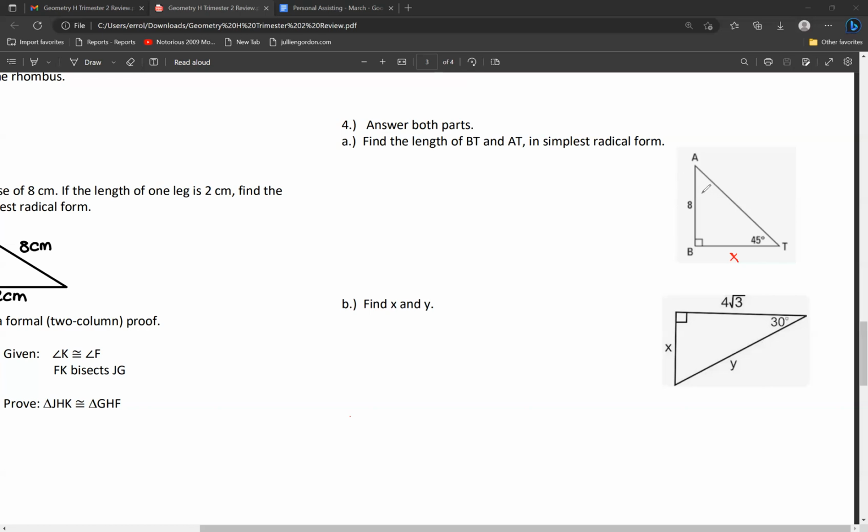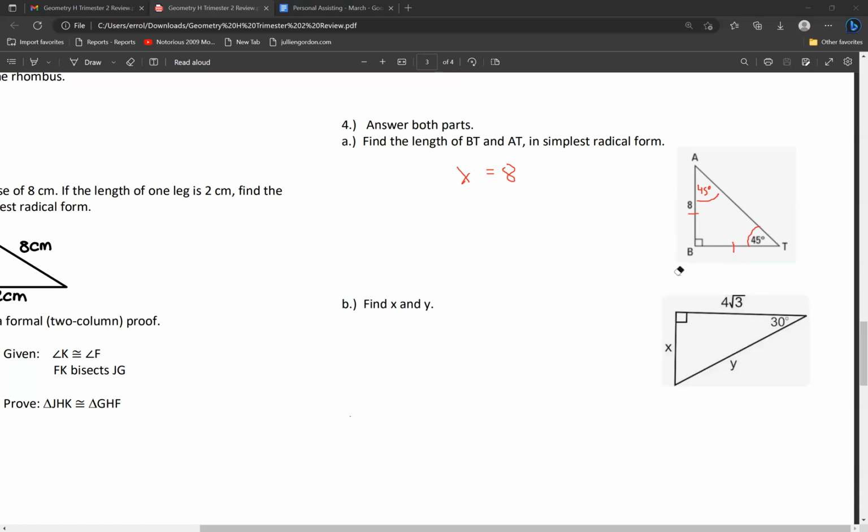You're right. Good eyes. So x equals 8 then. This is 45, so this one has to be 45. So if it's the same angle there and there, then it has to be the same distance here and here.